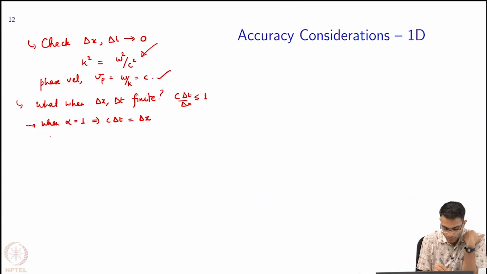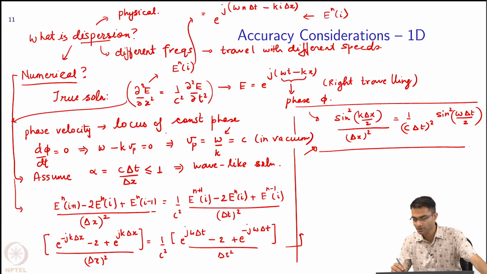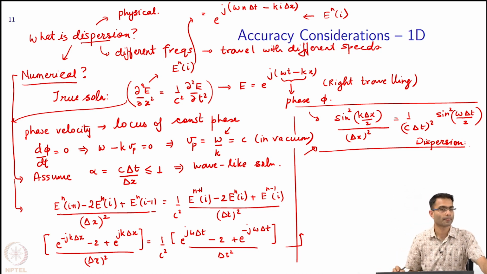So, we will just write it like this, k is equal to omega by c satisfies the dispersion relation. So, what is the dispersion relation is this one, right.